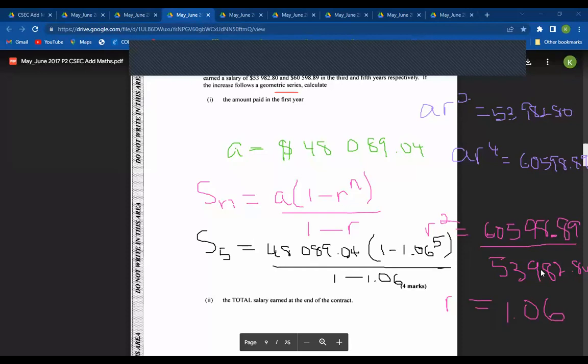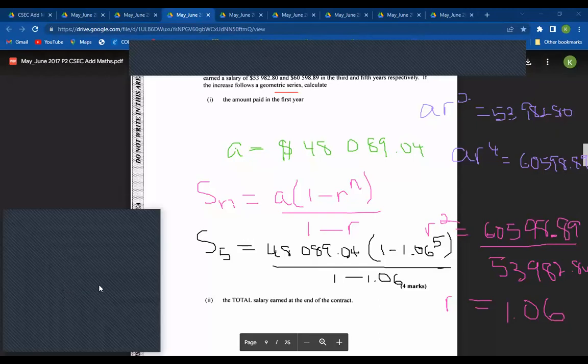Tell me if you get the answer, right? So the people who actually got the 1.06, work out this and tell me what answer you get for S5, which would be the answer. Oh, I got it. 1.059. So 1.06. Good. Somebody did answer me.